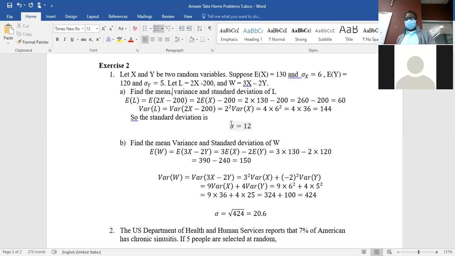So we will have 3 squared variance of x plus (minus 2) squared times variance of y, which is 9 times variance of x plus 4 variance of y equals 9 times 6 squared plus 4 times 5 squared, which is 324 plus 100 equals 424. And the standard deviation is the square root of 424, which is 20.6.